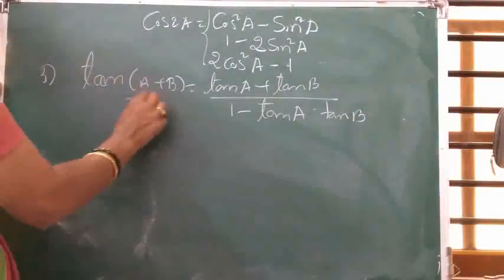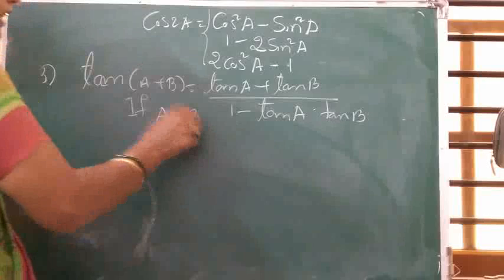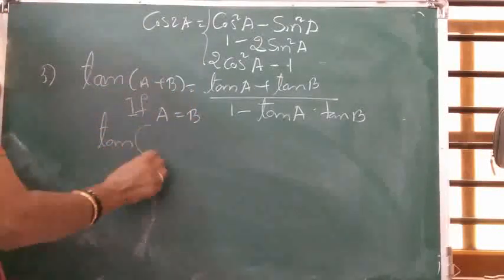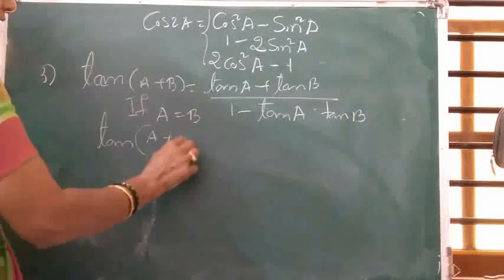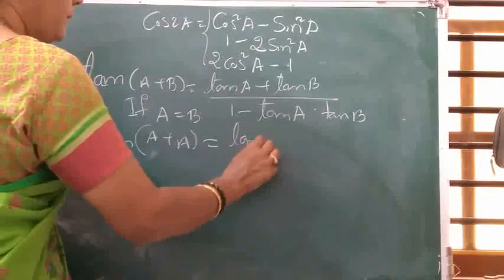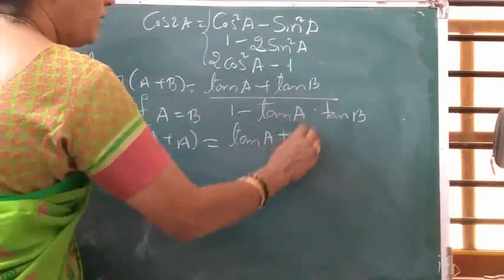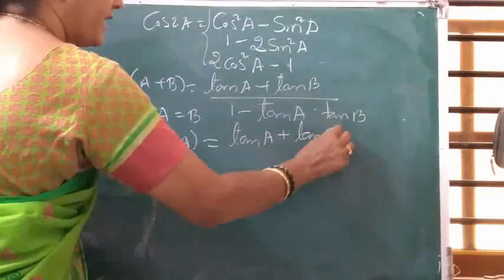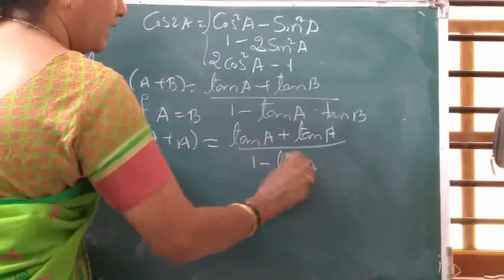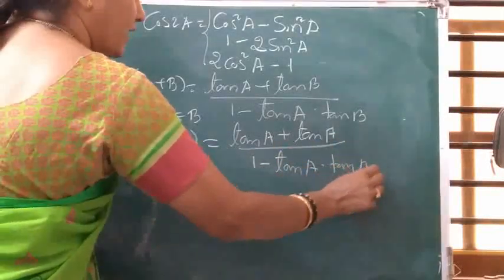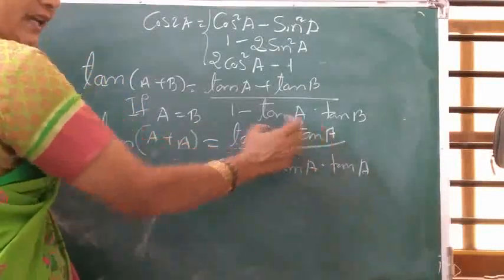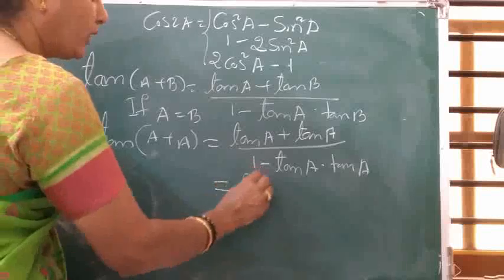Here also, in case angle A and B are equal, B is equal to A, at that time tan of left hand side becomes A plus A is equal to tan A plus tan B. B is A means I can write this also as A only. 1 minus tan A into this also tan A only. In the numerator you see tan A plus tan A. How many tan A's are there? 2 tan A's are there.